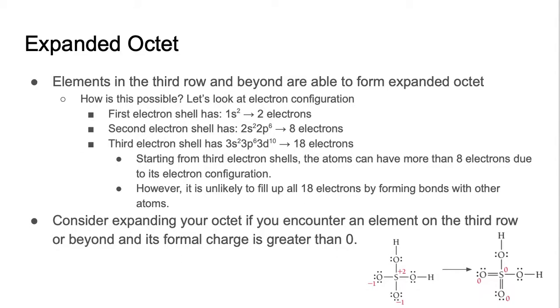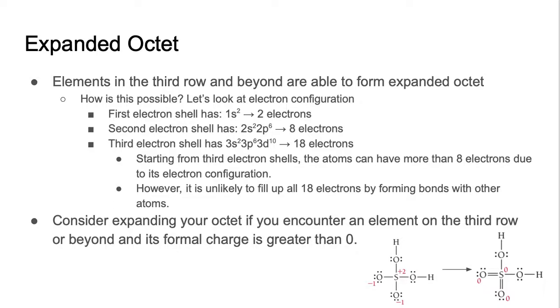So when should you expand your octet and have more than 8 electrons on one atom? Consider expanding it when the atom is in the third row or beyond, and has a non-zero formal charge or weird one. For example, H2SO4 has a formal charge of +2 on sulfur and -1 on oxygen.